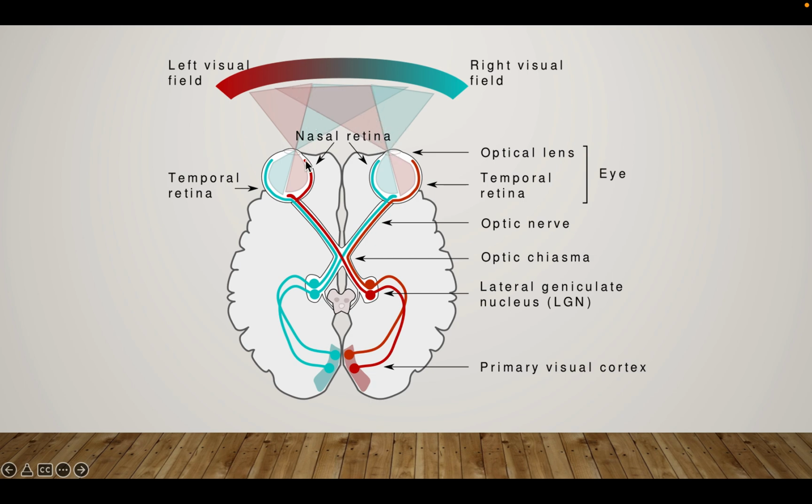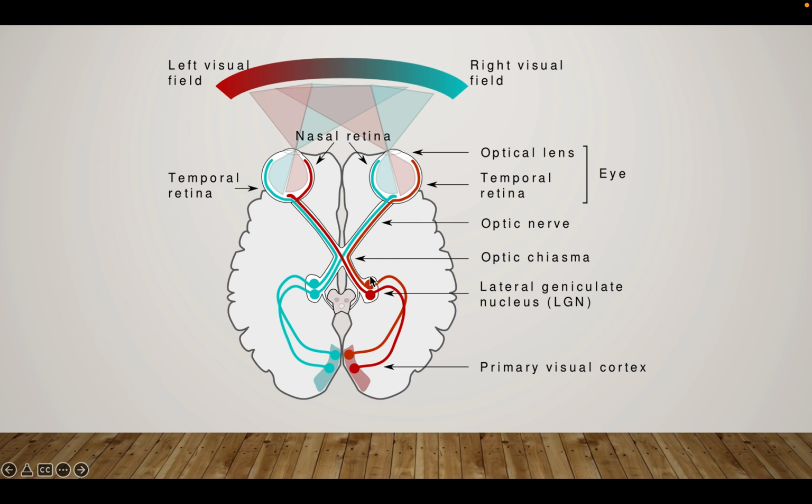Your nasal retina, which is more medial, is going to be stimulated by information from your more lateral visual field. So you can imagine kind of doing this cross here. If it's medial visual field, it's going to cross and hit your temporal retina. If it's lateral visual field, it's going to hit your more nasal retina or more medially located retina.